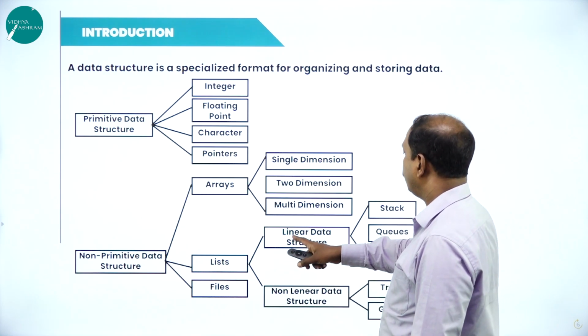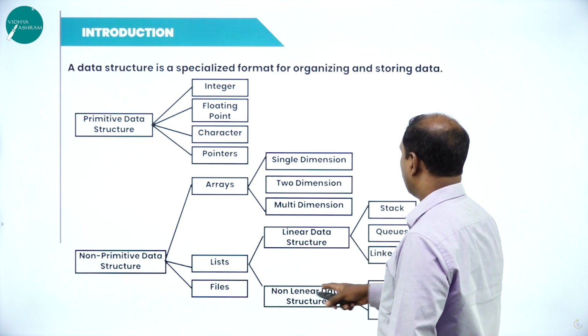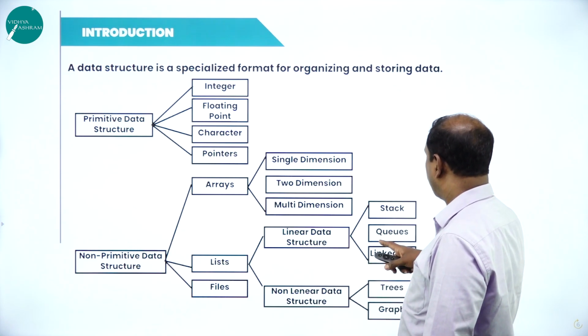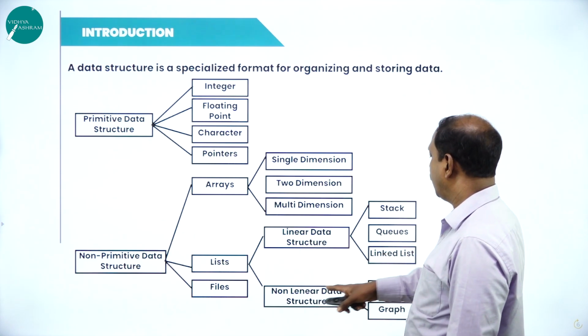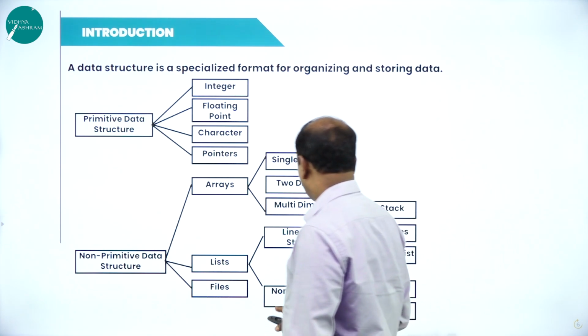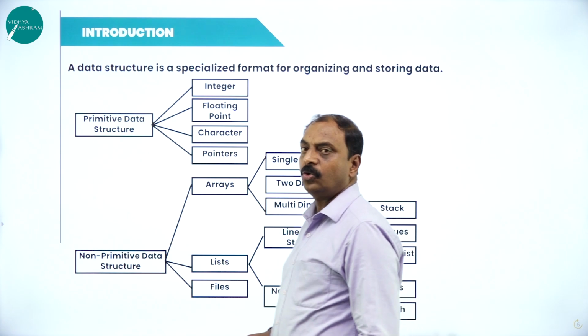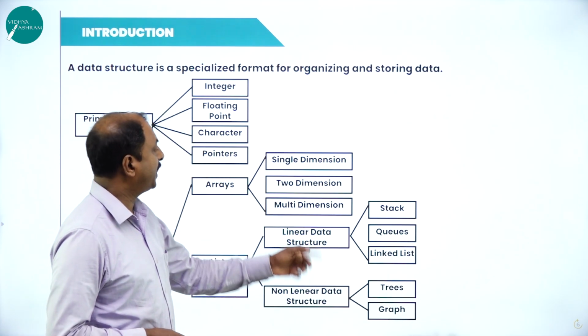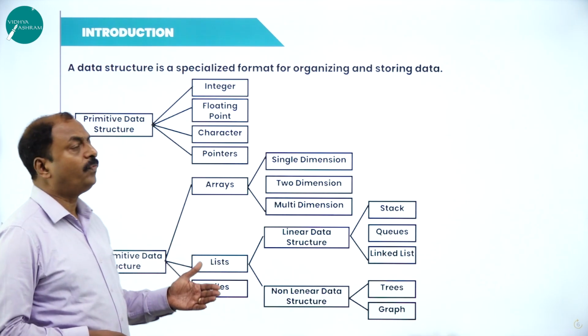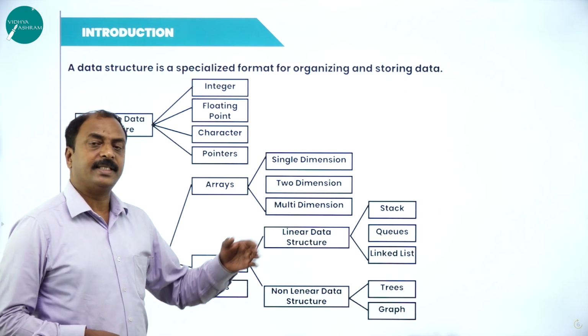Under list, we have linear data structure and non-linear data structure. Under linear, we have stack, queues, and linked list. And non-linear, trees and graphs are examples for non-linear data structure. So by looking at this schematic diagram, we can easily make out the different types of data structure with examples.